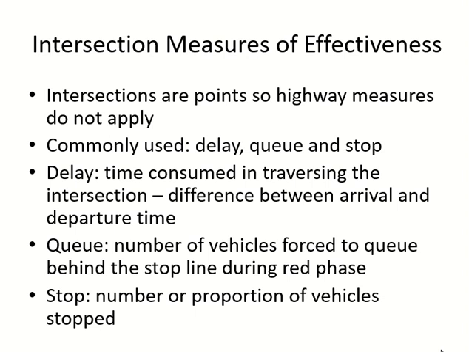And the number or percentage of vehicles which stop at the intersection or at the signal. These measures are used for finding out the effectiveness or performance of the intersection. Clear? We will talk more about this in the next lecture.